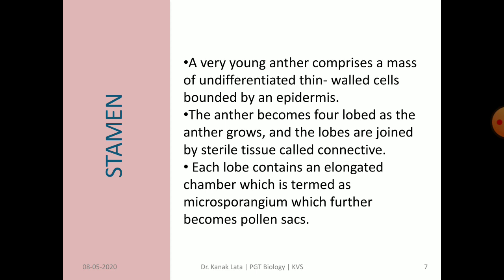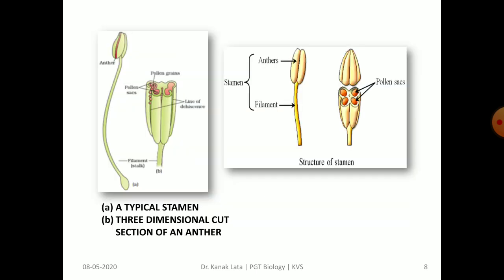Each lobe of anther contains an elongated chamber called microsporangium, and this microsporangium further forms pollen sac. This is the diagram of a typical stamen as well as a 3-dimensional cut section of an anther showing 4 pollen sacs containing pollen grains.